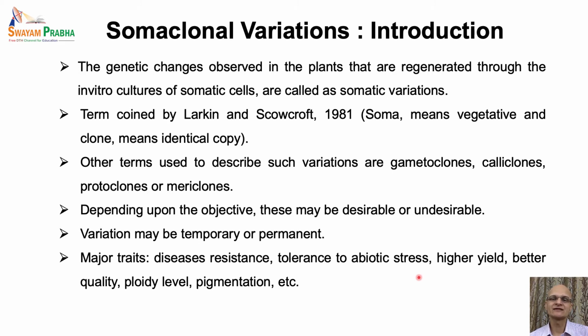Then several other traits related to the health of the plant or the quality of the products, like higher yields, improved quality of the product, change in the ploidy level of the plants, and pigmentation for ornamental plants, which can be of commercial importance, and so on. In fact, several somaclonal cultivars have also been released for commercial cultivation.